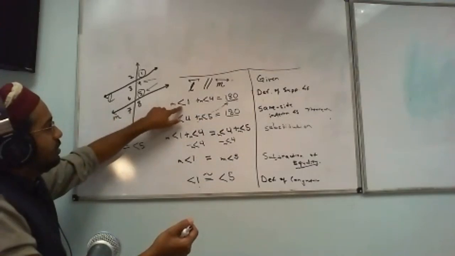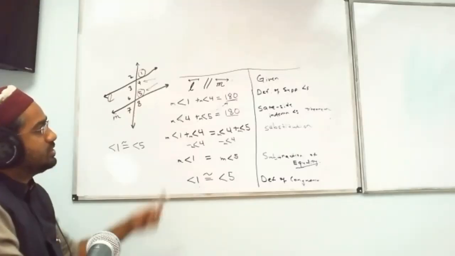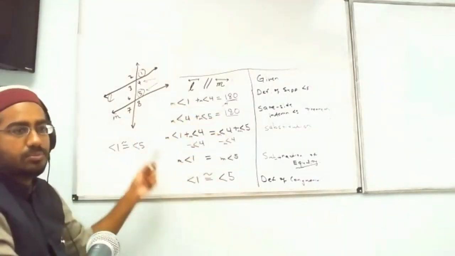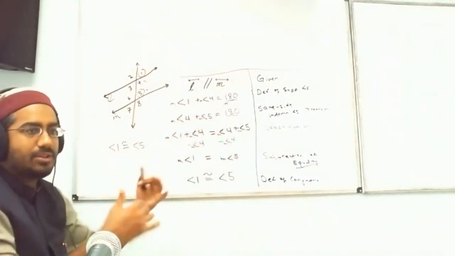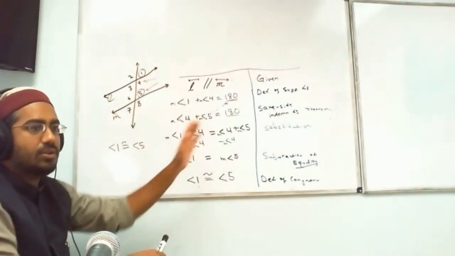Therefore angle 1 plus 4 should be equal to angle 4 plus 5. This is just to explain, because we always know that 1 and 5 are going to be equal because they're corresponding, right? So this is to prove that that's the case. We're trying to mathematically prove it, so we have to write it out in all this detail.